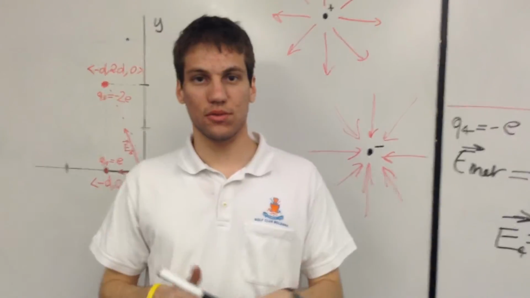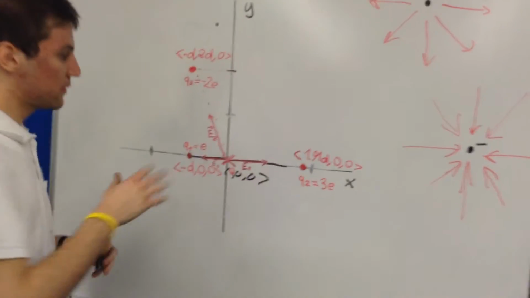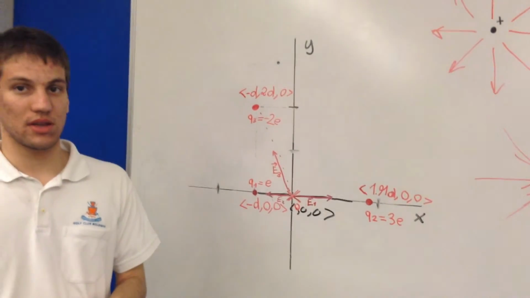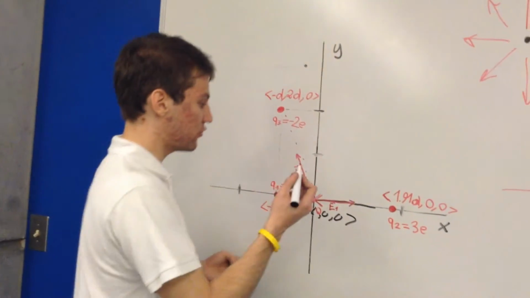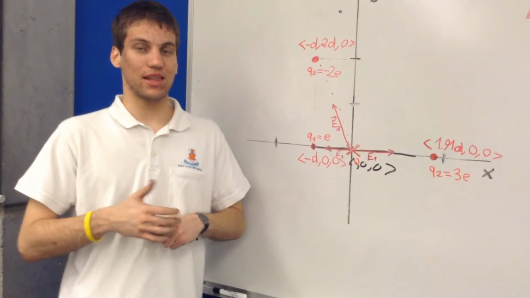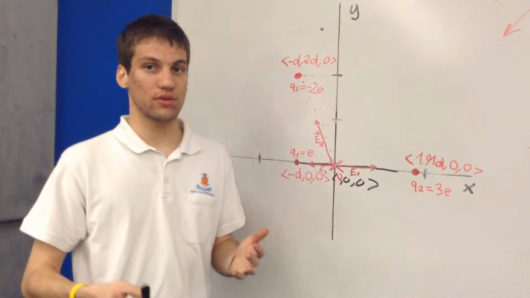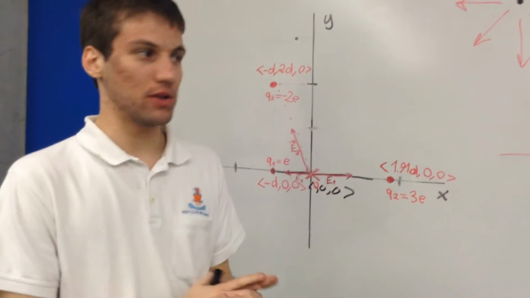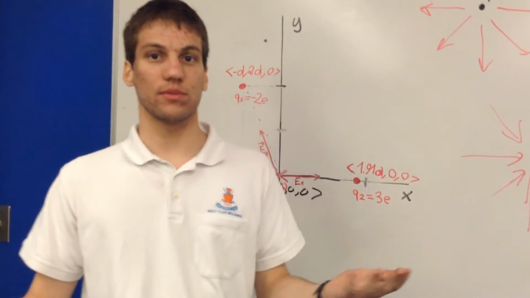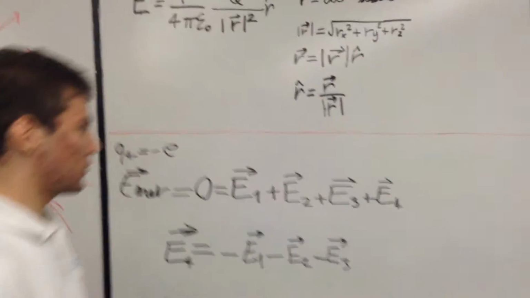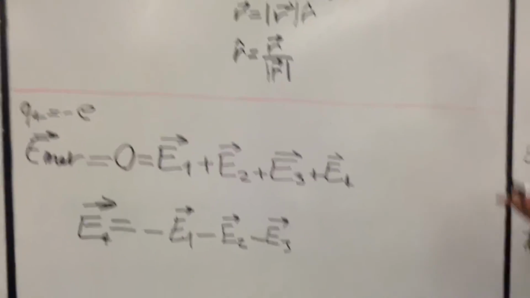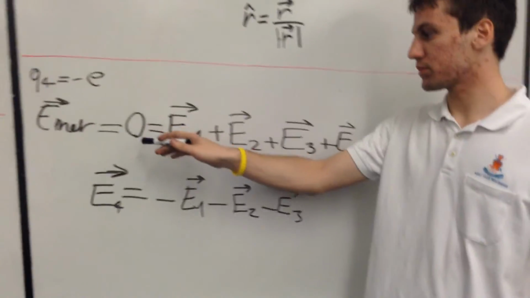But now, what if in the system of charged particles we decide to put an electron? Where would you put it such that the net electric field would turn out to be 0? Well, we'll figure it out through linear superposition. We know that these electric fields must sum up to be 0.